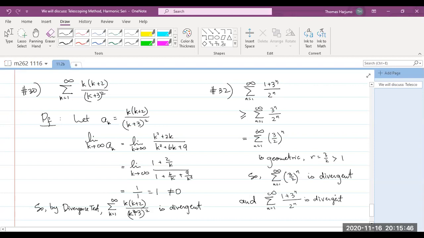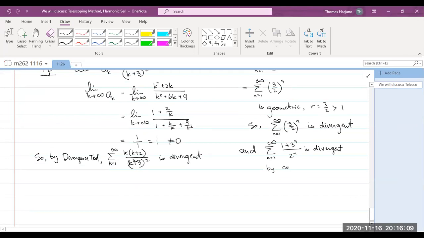We learned that before. Anybody remember? By comparison test. Something we learned before, even though we will learn that more explicitly later.